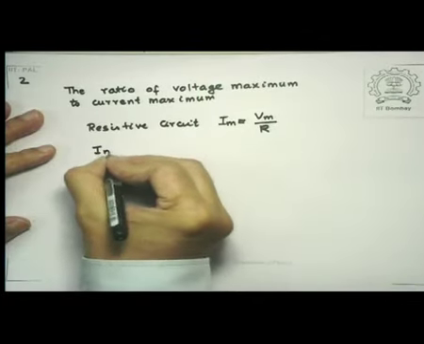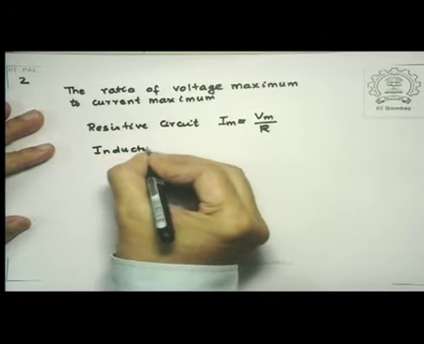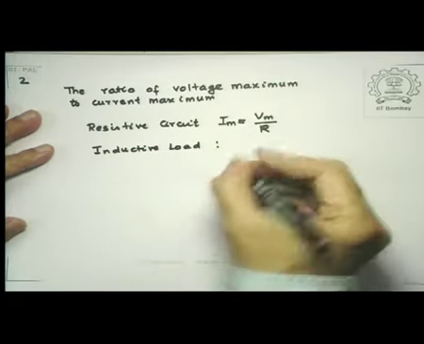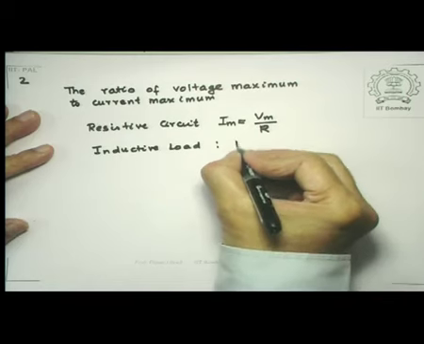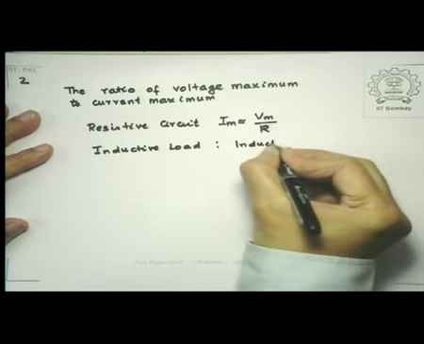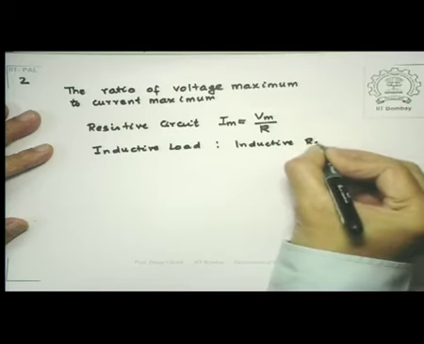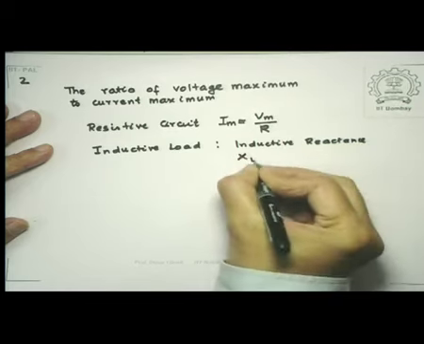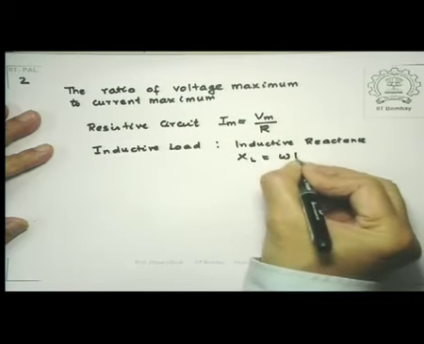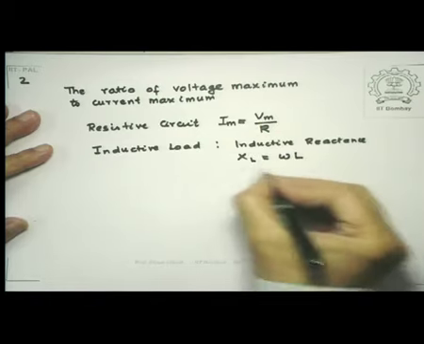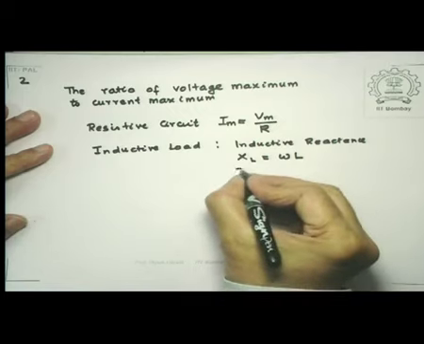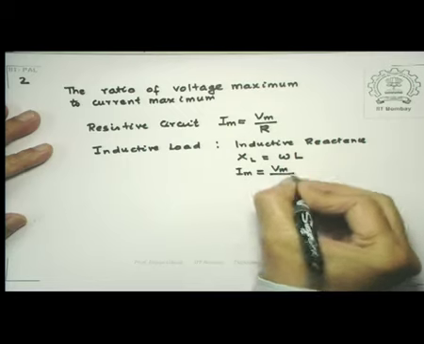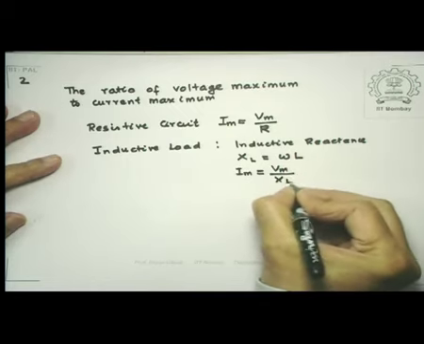For an inductive load, we define an inductive reactance represented by XL, which is equal to omega times L, and in terms of this, my current is given by voltage maximum divided by XL.